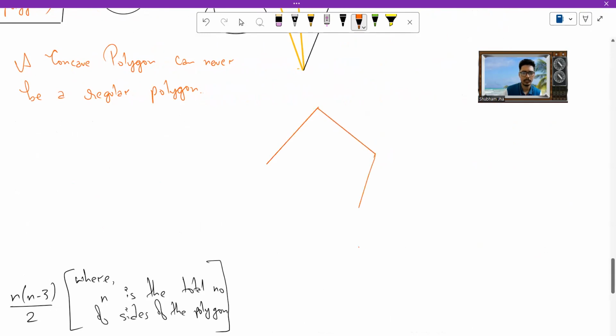1, 2, 3, 4. Okay, pentagon. Let's try a pentagon only. And again, if I have to draw a pentagon of a concave nature, 1, 2, 3, 4, 5.